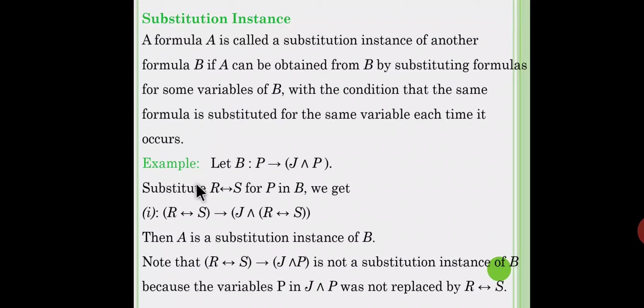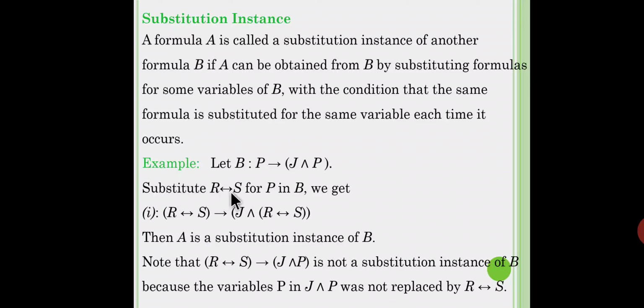Let us consider an example. Let B be the given proposition, and the formula of B is P implication (Q conjunction P).